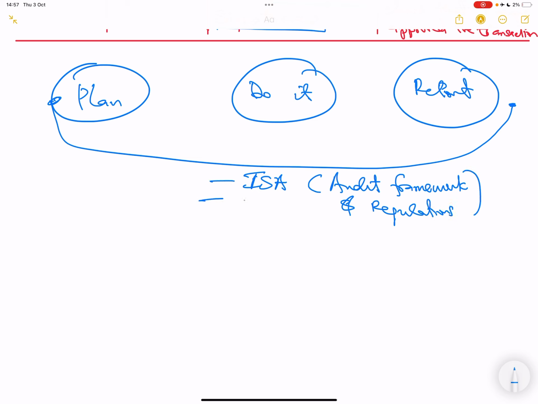Looking at your ISAs, your independence and objectivity while you're trying to do any job, your professional ethics and compliance. All of that is applicable at all the stages. So you are expected to be professional, maintain your independence throughout the stages of the audit, and make sure that the audits are done in line with international standards on auditing.